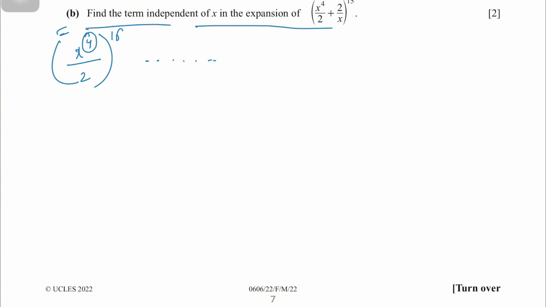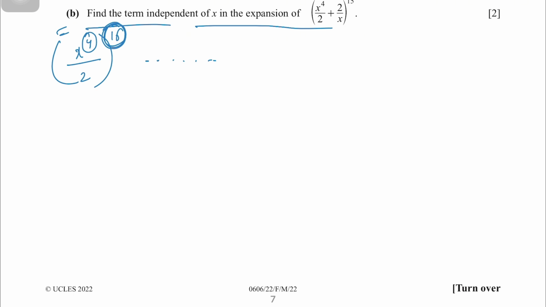Now in part B we have to find the term independent of x in terms of this. Now we can simply go forward with x to the power 4 upon 2 to the power 15 and then simply go on. But let's think of it in a different way. If it has a power of 4, then this power needs to be lesser, which means we have to go at least more than half.